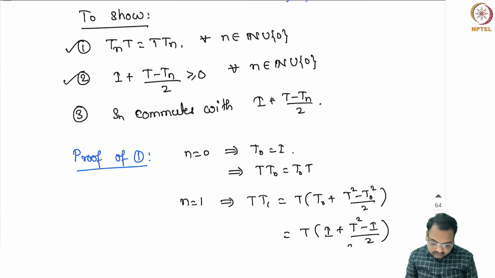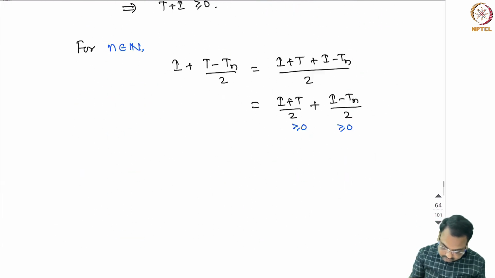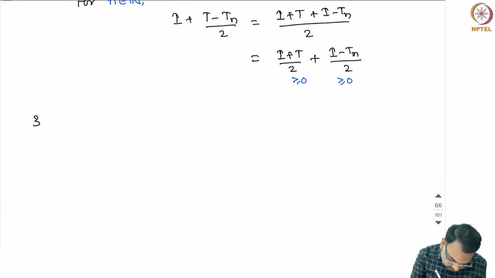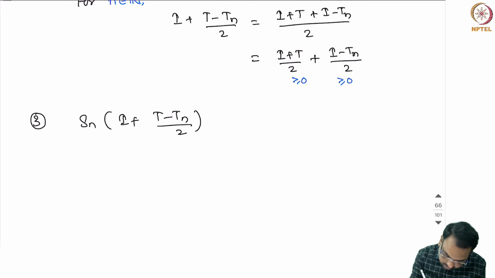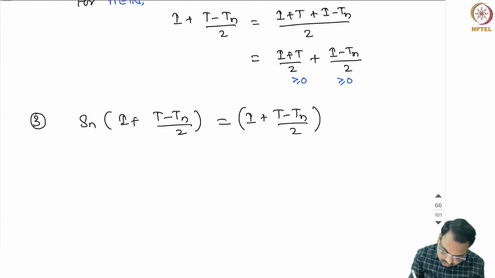Now we want to show that Sn commutes with I plus T minus Tn. So the third statement: Sn into I plus T minus Tn by 2 must be equal to I plus T minus Tn by 2 multiplied by Sn, for all n in N union 0.